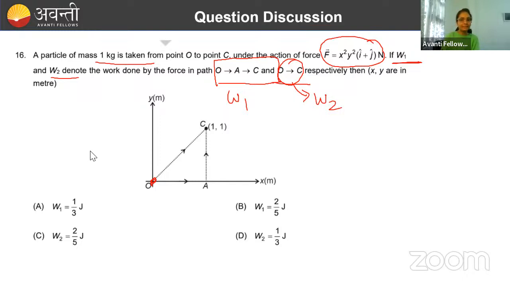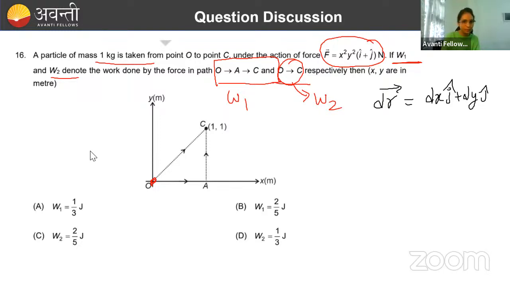So the very first thing that I'm going to do is force is given. Displacement vector you write. So displacement vector को अगर मैं dr से denote करूँ, so dr can be written as dx i cap plus dy j cap. dz k cap I'm not writing because my particle is present in xy plane and it's moving also in the xy plane. So चलो k cap को neglect करते हैं.